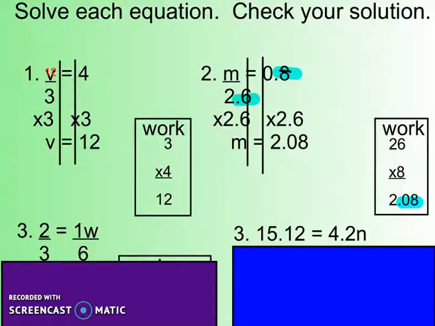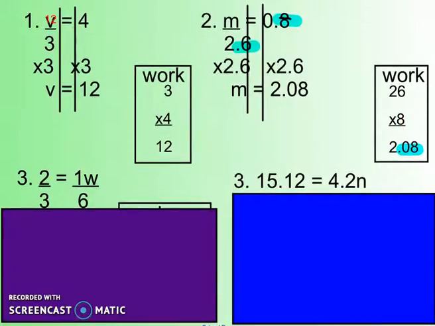How about if I have 2/3 is equal to 1/6 times W? And notice I'm saying times W because it is right next to the W. And so do you remember in chapter 1 when we were solving equations, and I said, when we have a fraction next to a variable, it does mean multiplication.